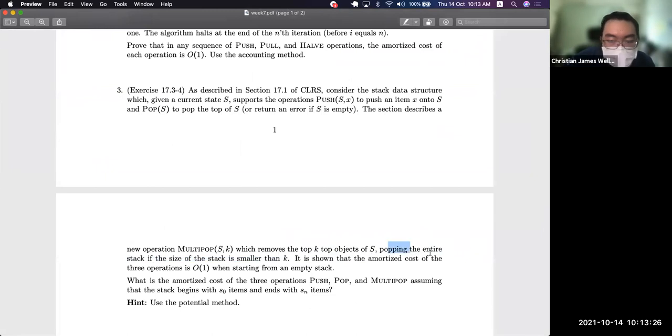Oh, sorry, popping the entire stack. Amortized cost. Okay, so this one is the total cost of all the things, all the n. Let me see. Actual cost. I would imagine an exact answer is possible to express. But let me see.